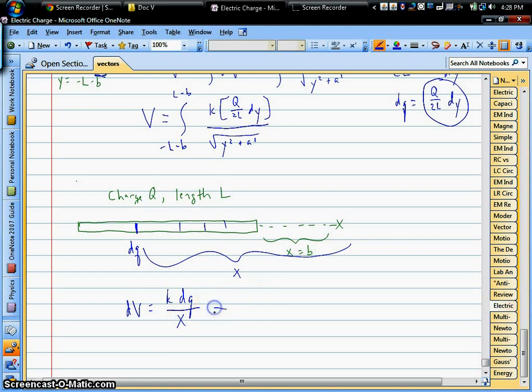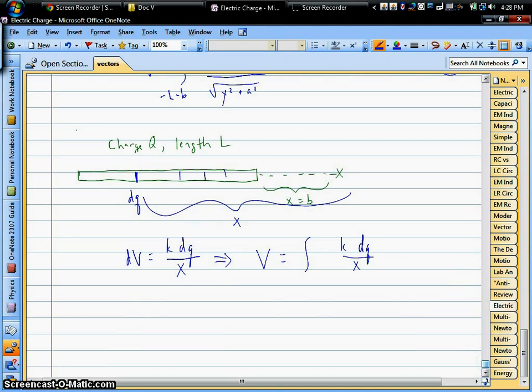If we want the total voltage, the total potential, we have to add all these little things up. Again, x is our variable. We can't have a dq in there. We'll do exactly the same trick. We'll use ratios.